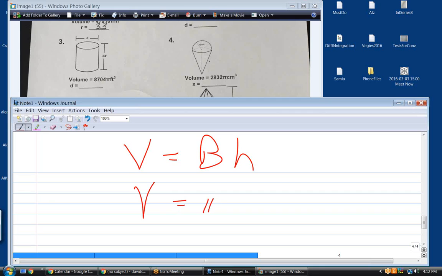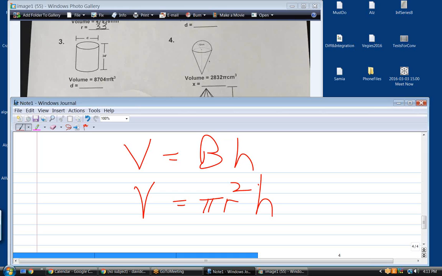Pi r squared. That's what I want. Because they've given us the height and they've given us the volume, again I'm going to come down to an equation where I have r squared equals something. I can solve for r, double it to get to the diameter.